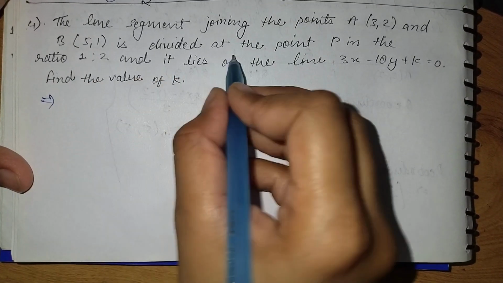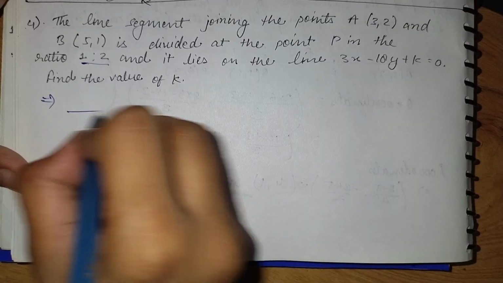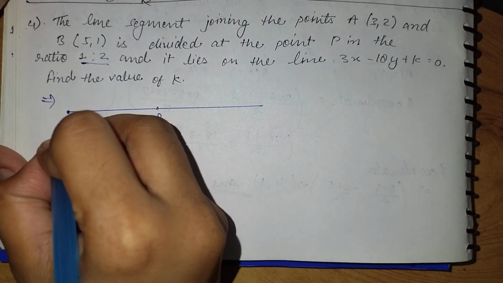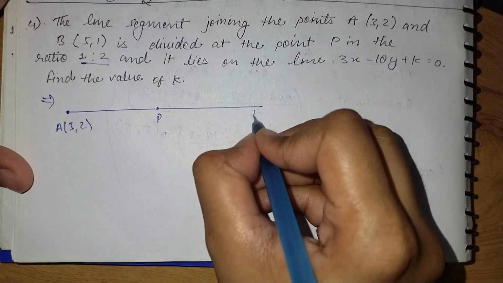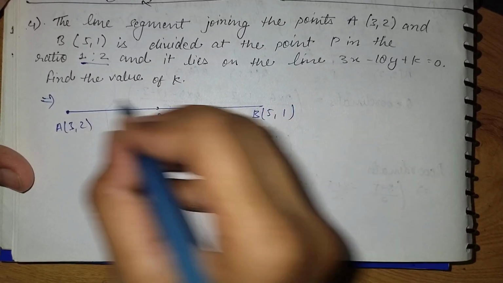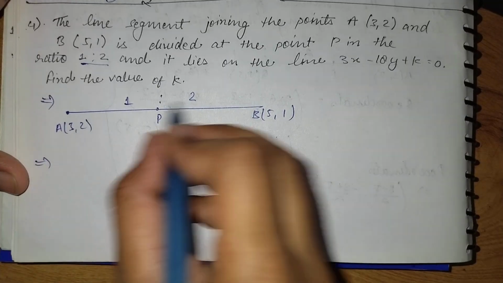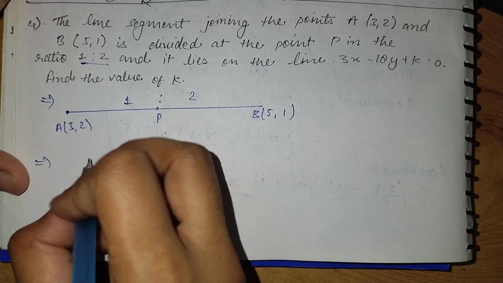If this is the ratio dividing at the point P, let point A be (3, 2) and point B be (5, 1), then the ratio here will be 1:2.